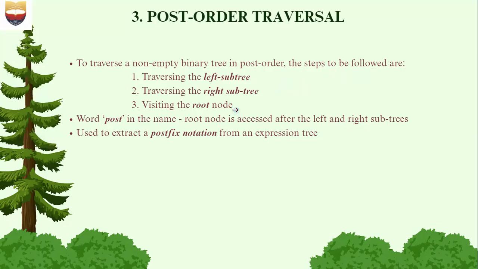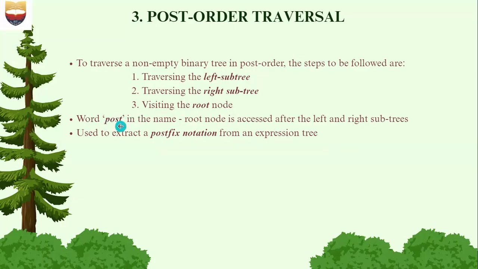In case of post-order traversal, first we start our traversal from the left subtree of the root. Next we continue our traversal on the right subtree. And finally, we visit the root node. With this root node, the post-order traversal will be over.